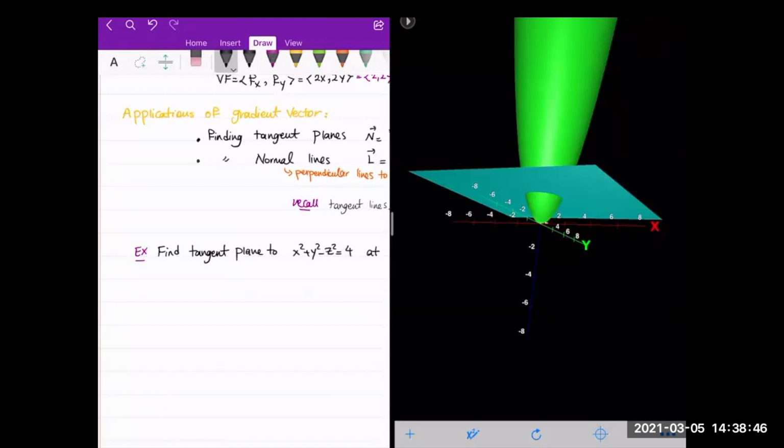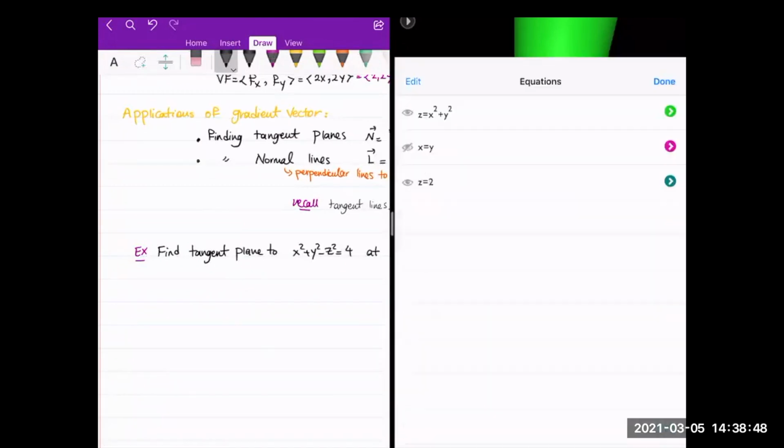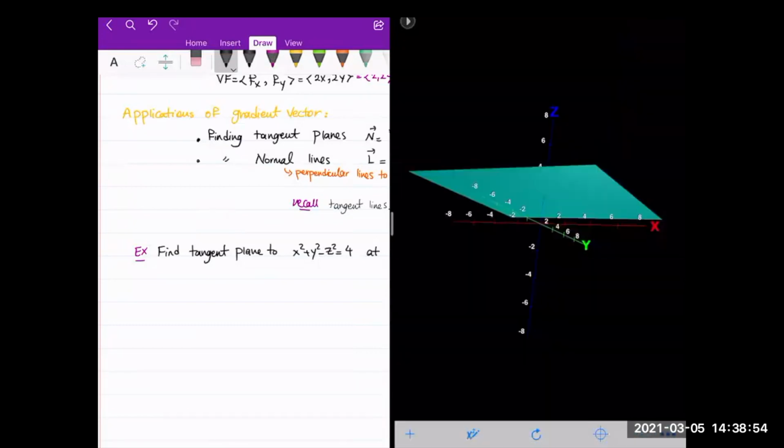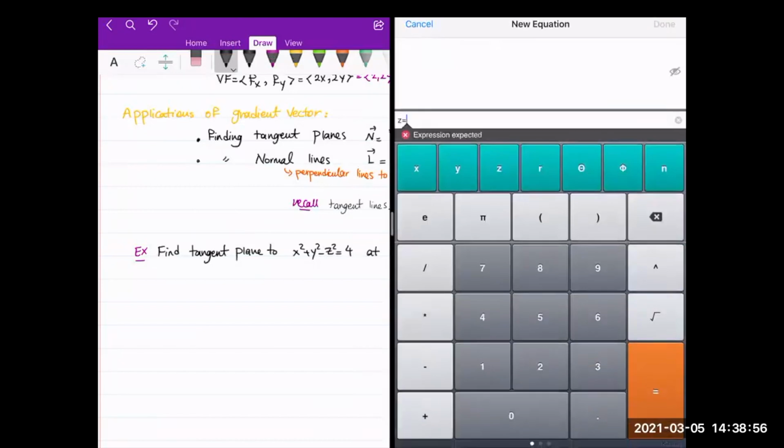What do you think it looks like? So it was x squared plus y squared minus z squared equals 4.